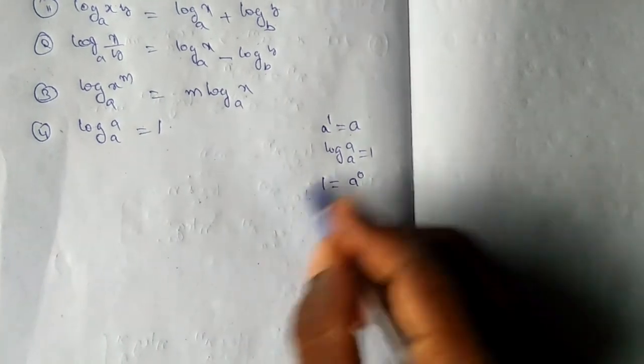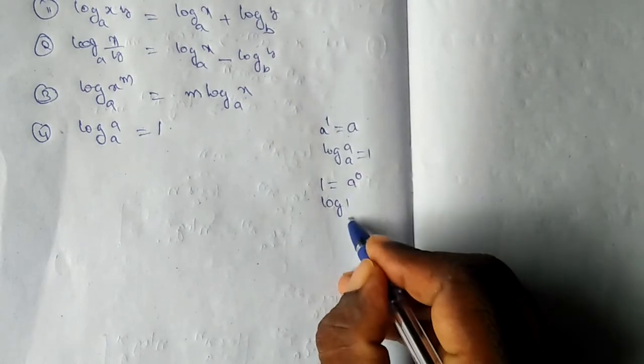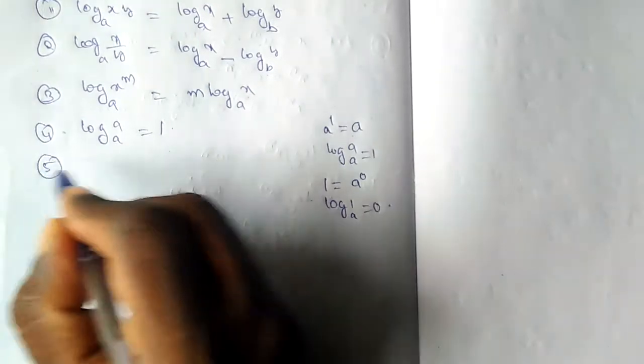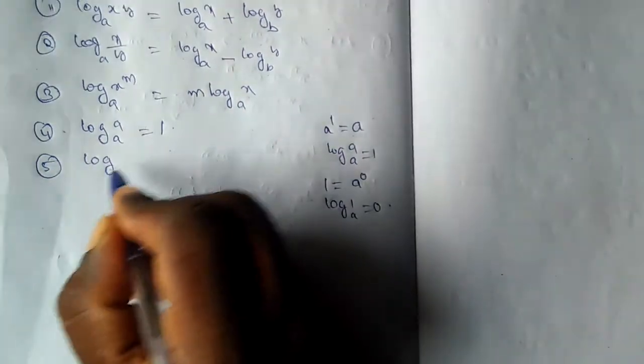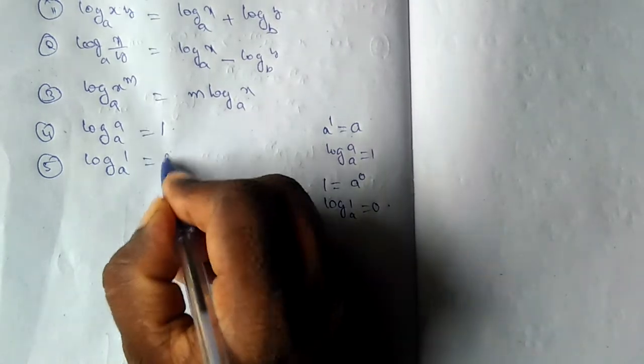So how can you write it in logarithm form? Log 1 base a is equal to 0. This is the fifth formula.